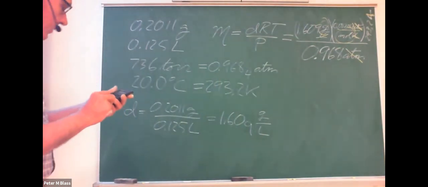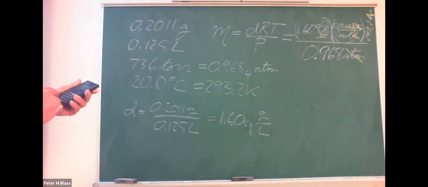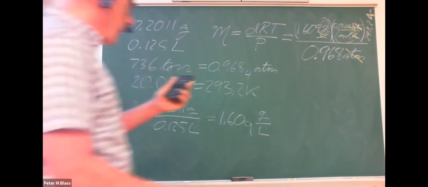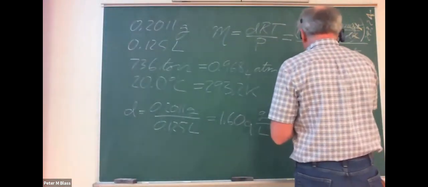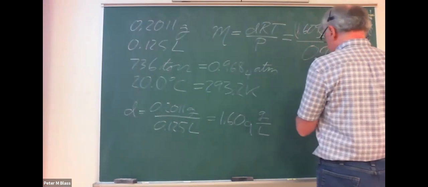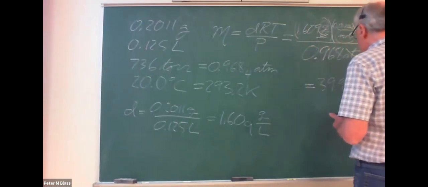So let's see, how does this go? 1.609 times R, 0.08206, times T, 293.2, and divided by the pressure, 0.9684, equals 39.975.